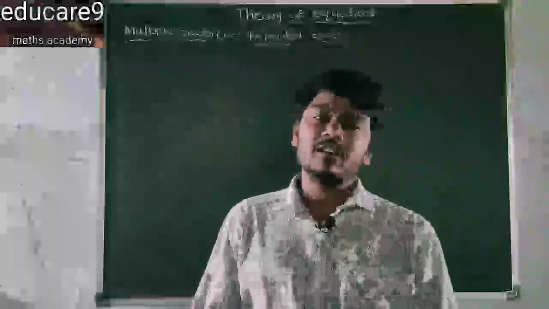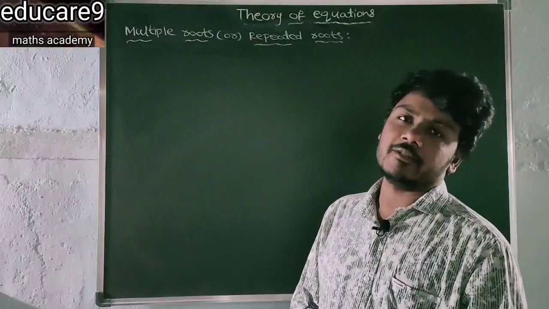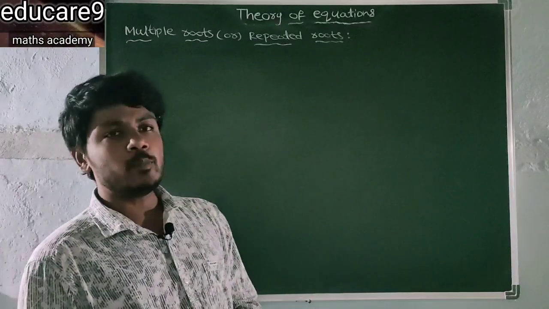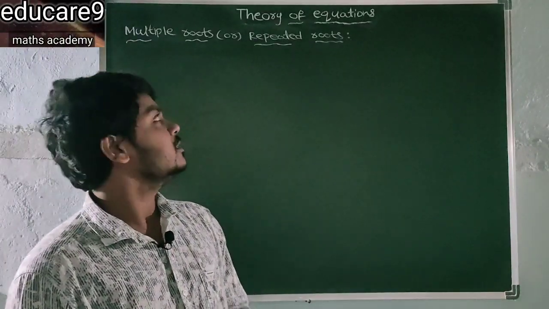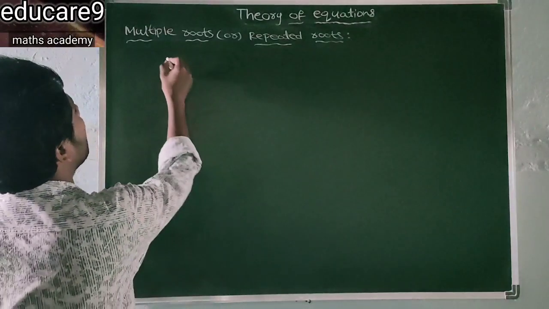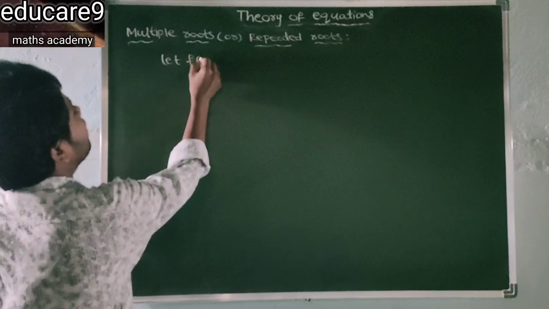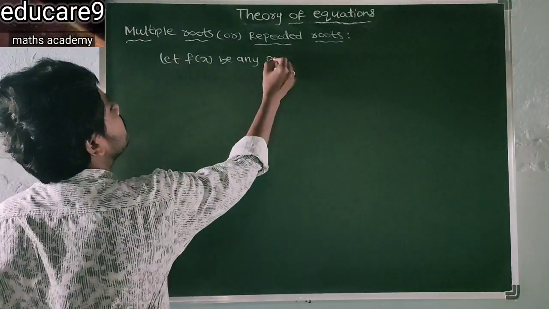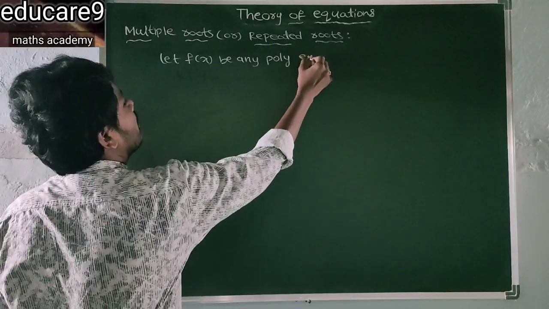Hi, hello everyone. For this session we will discuss a new concept, that is multiple roots or repeated roots. What is meant by multiple roots? For example, let f of x be a polynomial equation.